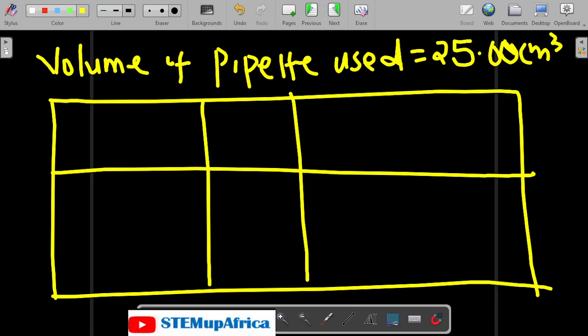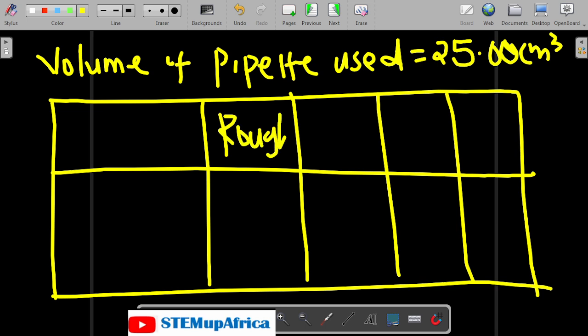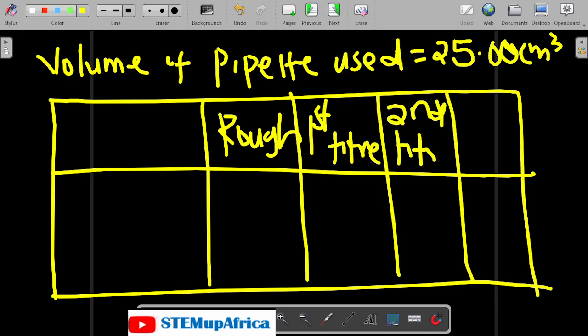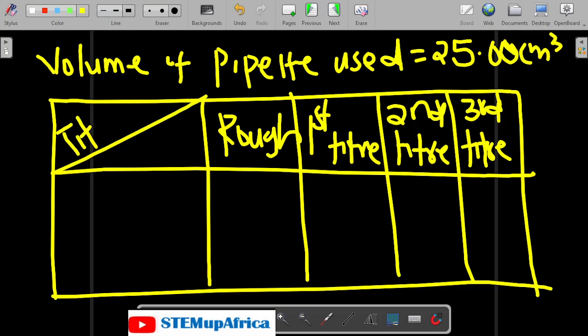I'm going to have my rough, first titer, then second and third. So let's take here as our rough. There is first titer. This one is second titer, while this is third titer. Then here I have my titration and here is burette reading.